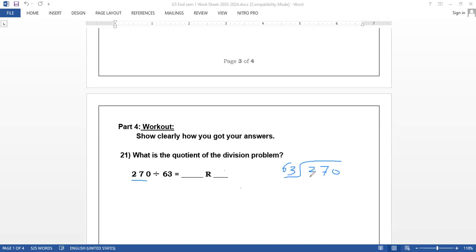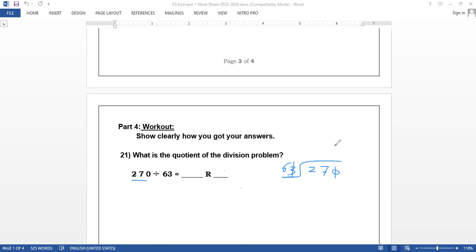Now, we do this long division with a two-digit divisor. How many 63 in 270? If you didn't know, try to hide one number here and one number here to guess, only to guess, or to estimate. 27 divided by 6 is about 4.